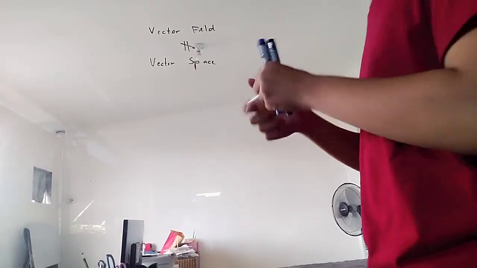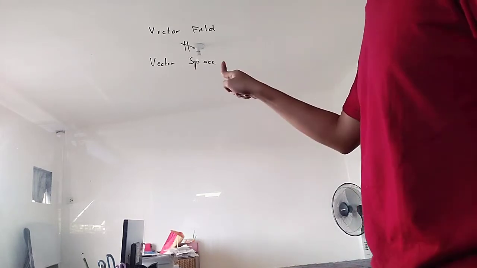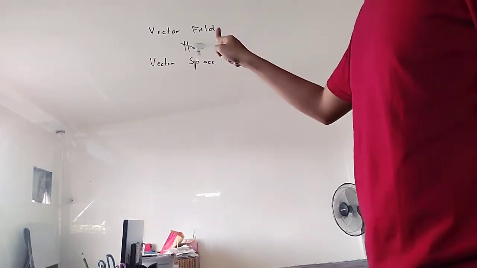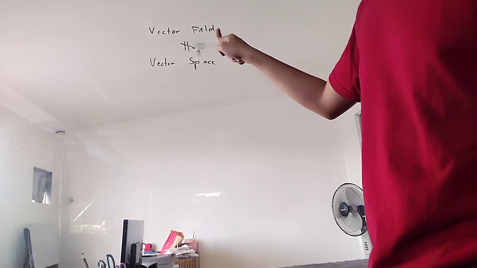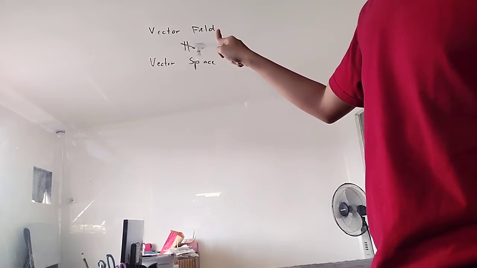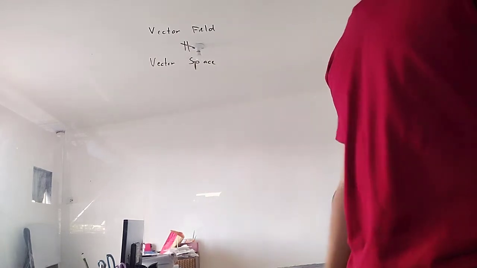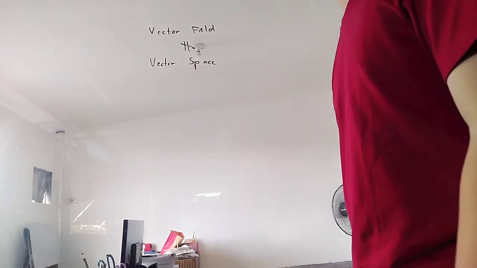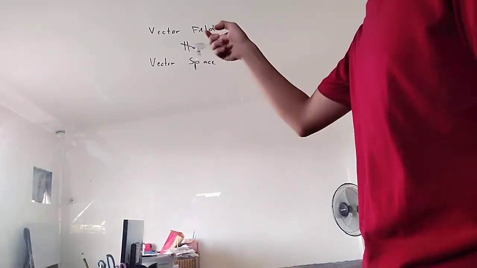What separates them is that a vector field is not really a set, but it can be thought of as a function, not really a linear transformation, but a function.